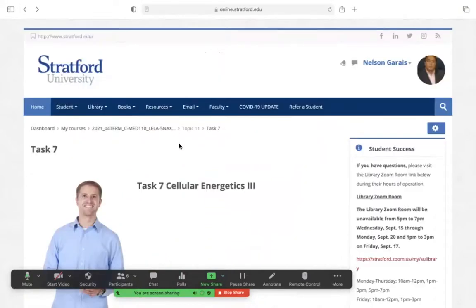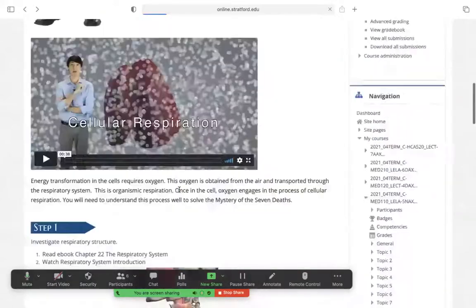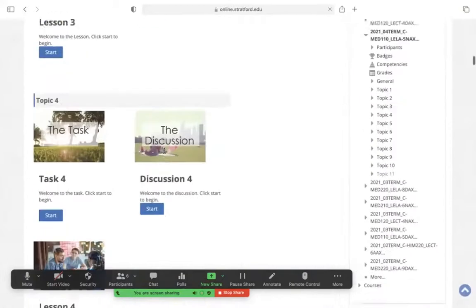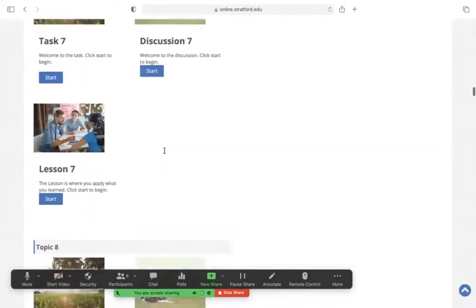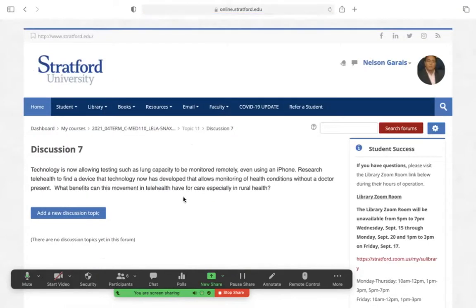What does the discussion look like so I can give you a hint? Discussion. Sorry if I'm making you dizzy. I'm making me dizzy. So let's look at discussion. Technology is allowing testing of lung capacity to be done remotely. Okay, actually, we've been doing that for 20 years.